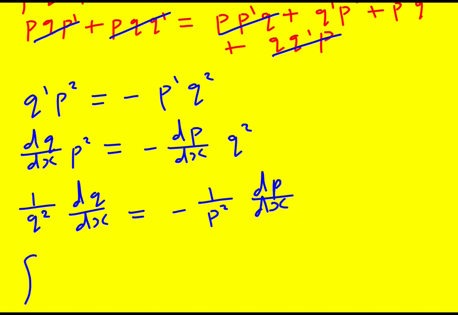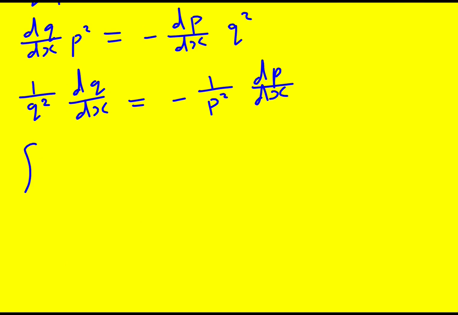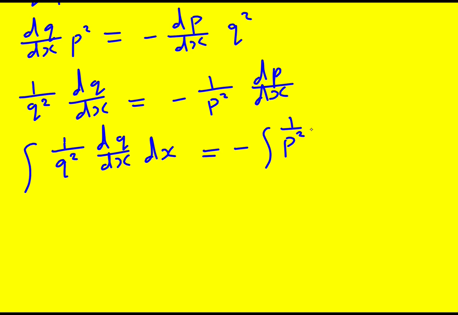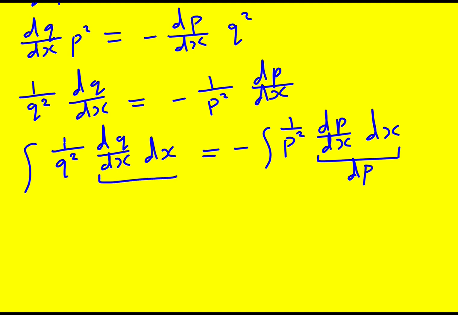And now we can integrate with respect to x. So using the chain rule, this is actually just dp, and this is dq.